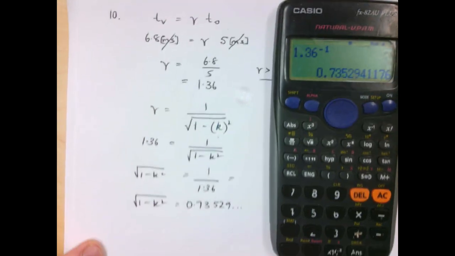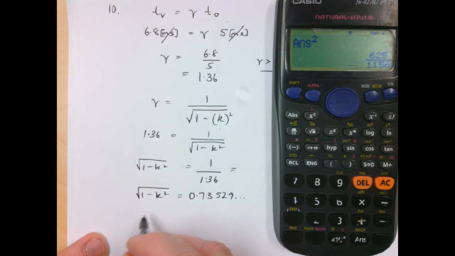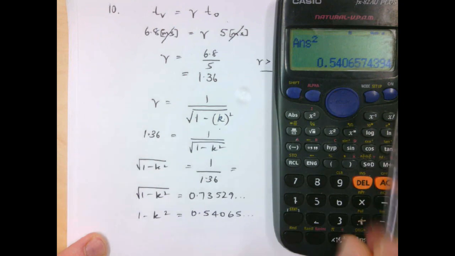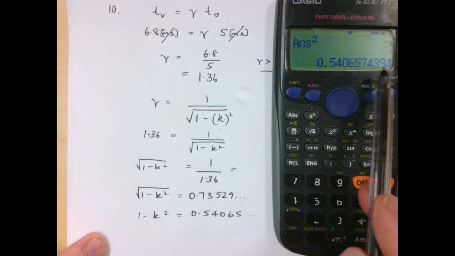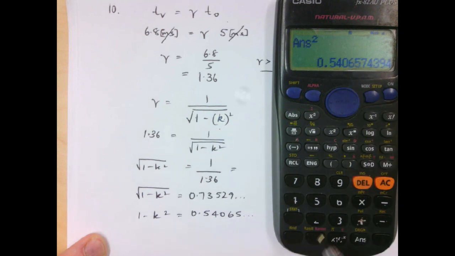We now need to square both sides. So squaring both sides gives us 1 minus k squared equals 0.54065. Keep as many decimals as possible, don't clear, just don't round. Round only once at the end.